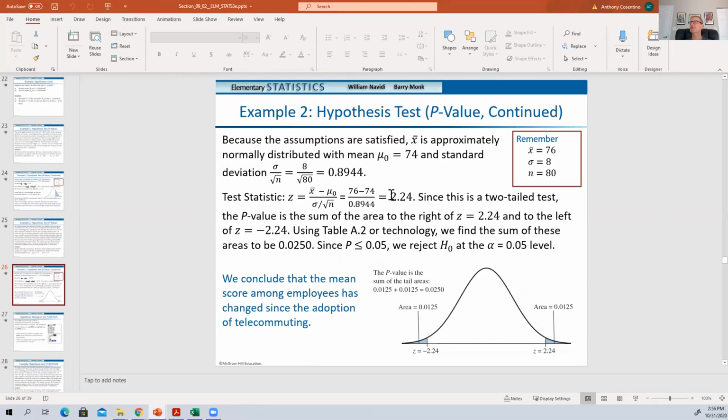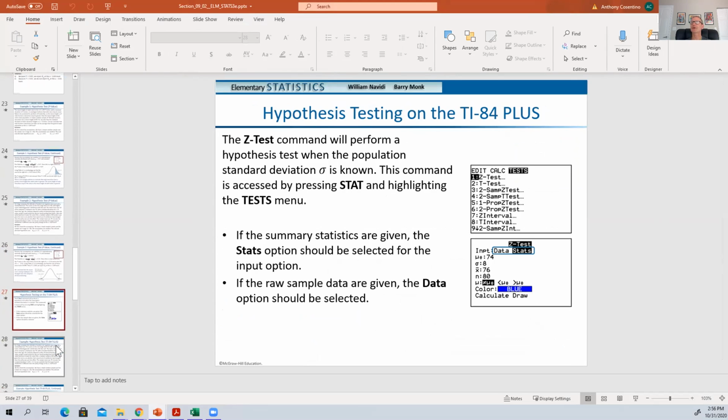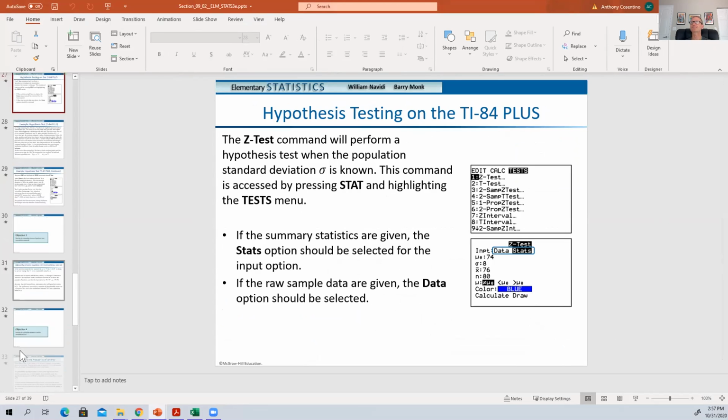And so you can see when they did the z-score calculation and did the measurement from the z-score table, it was real close to what we did on the spreadsheet, right? 1.25% on either side. And so here's how you would do it using your calculator with the z-score test.